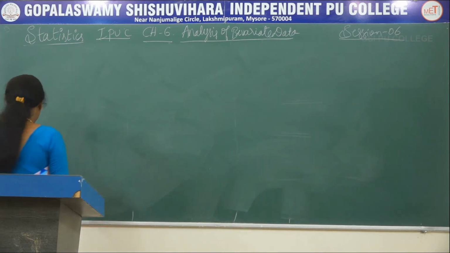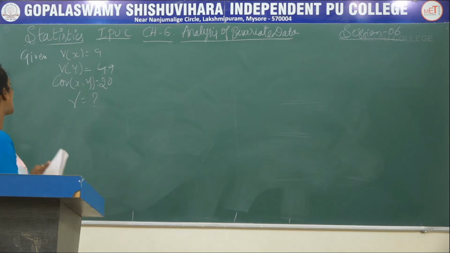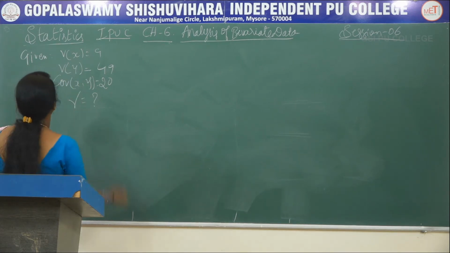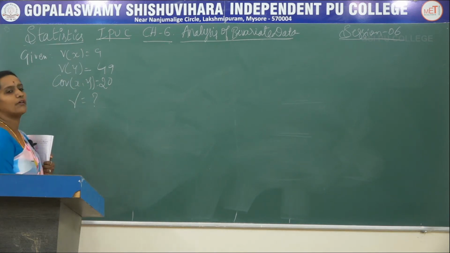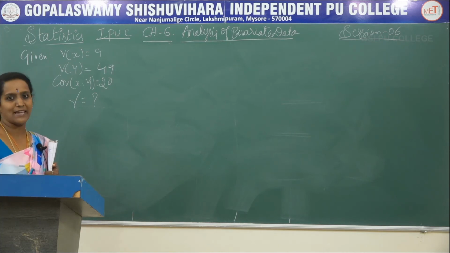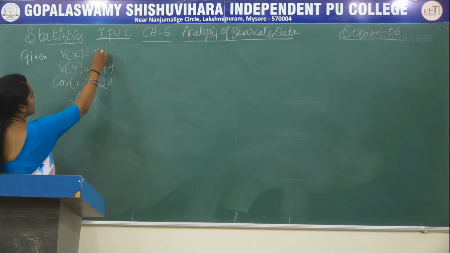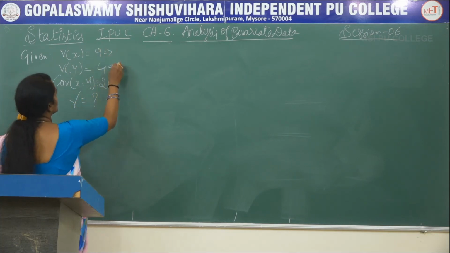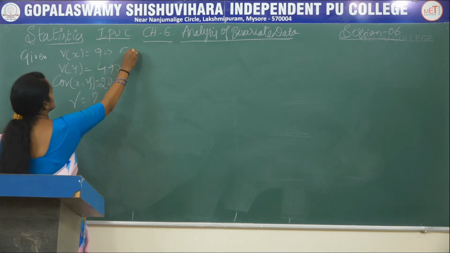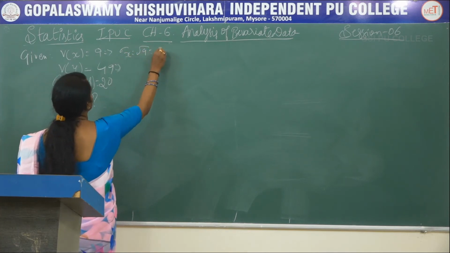Next problem. See, here they have given the variance of x and variance of y, and the covariance, and here we want to calculate the r value. Instead of standard deviation they have given the variance, so we have to calculate the standard deviation. Sigma x is root 9, it is 3.